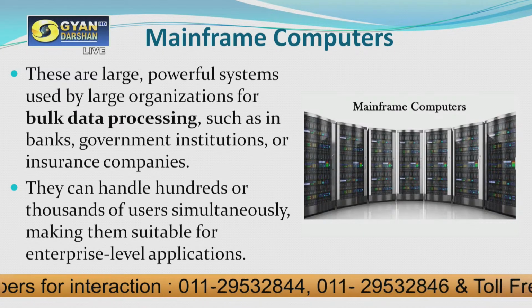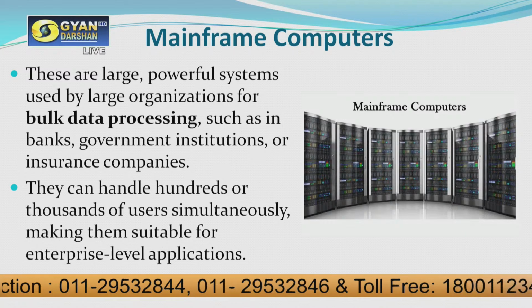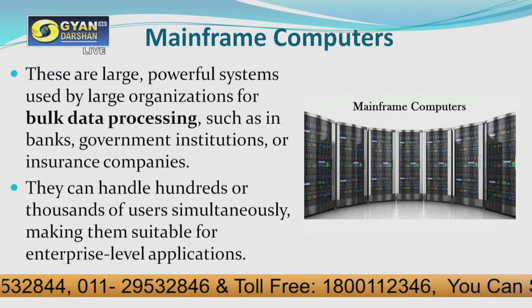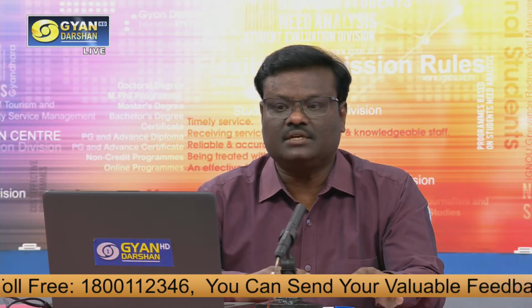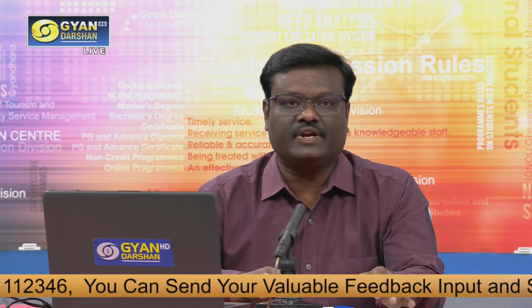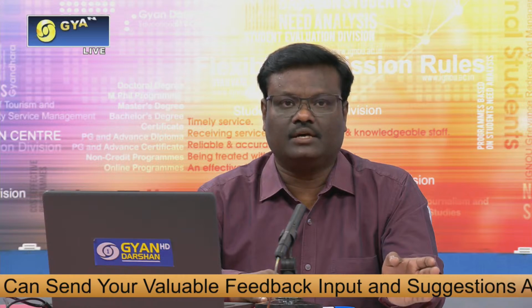They can handle hundreds or thousands of users simultaneously, making them suitable for enterprise level applications. These are very powerful systems when compared to the microcomputers and the mini computers. This is the main powerful computer that one can use in order to handle bulk data processing.